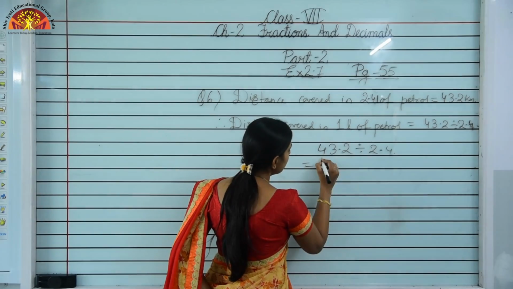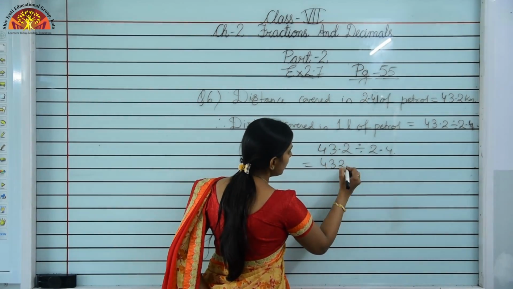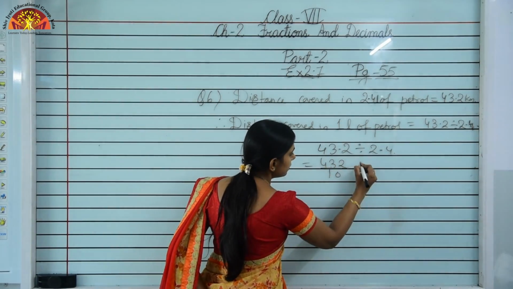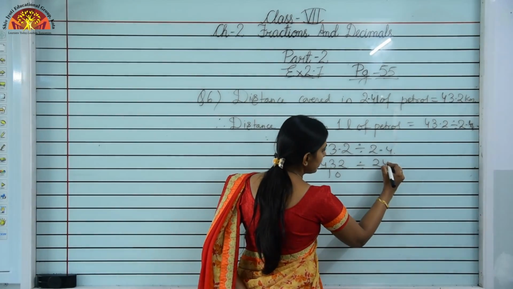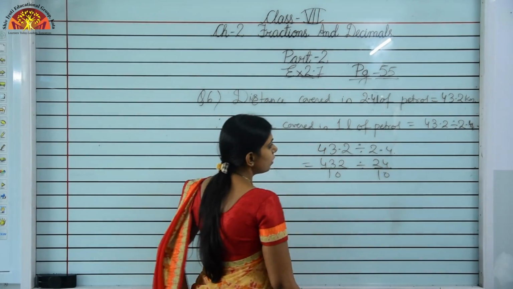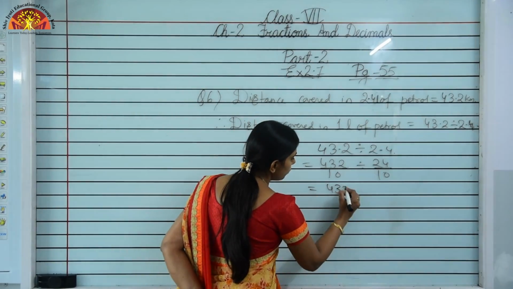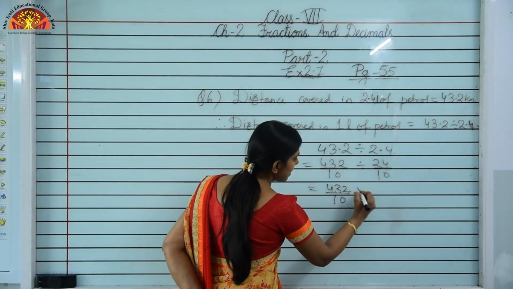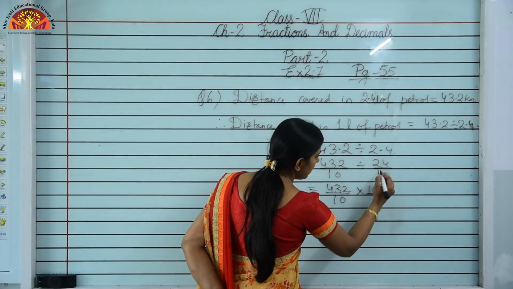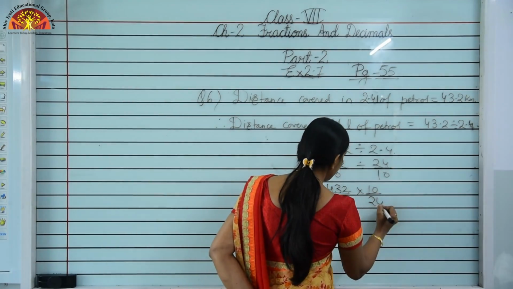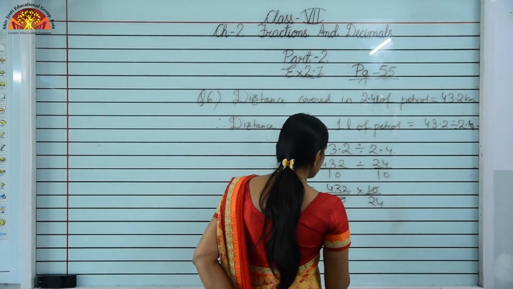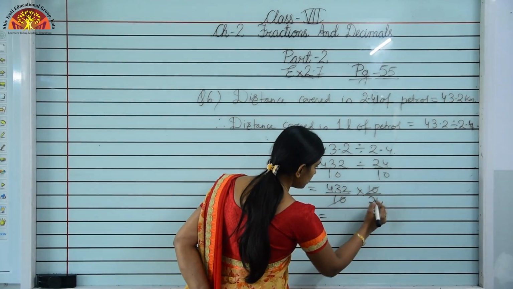So you can just solve it, that is 432 upon 10 divided by 24 upon 10. You have to just remove the decimal. So 432 upon 10, the division sign will change into multiplication, and you will just take the reciprocal of the second fraction. Now you can just solve it.